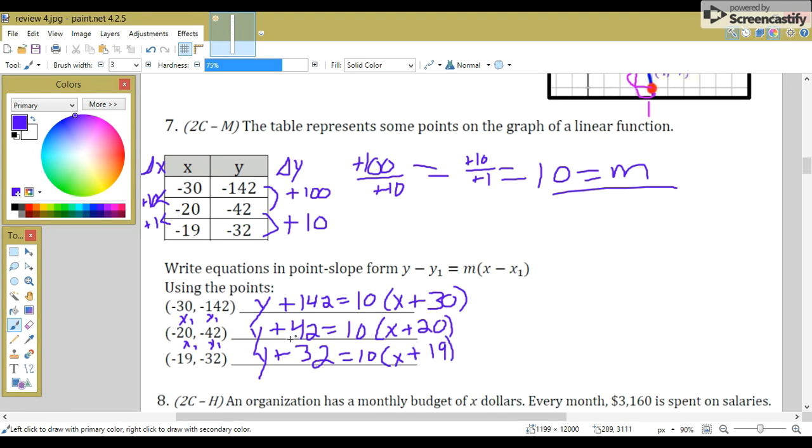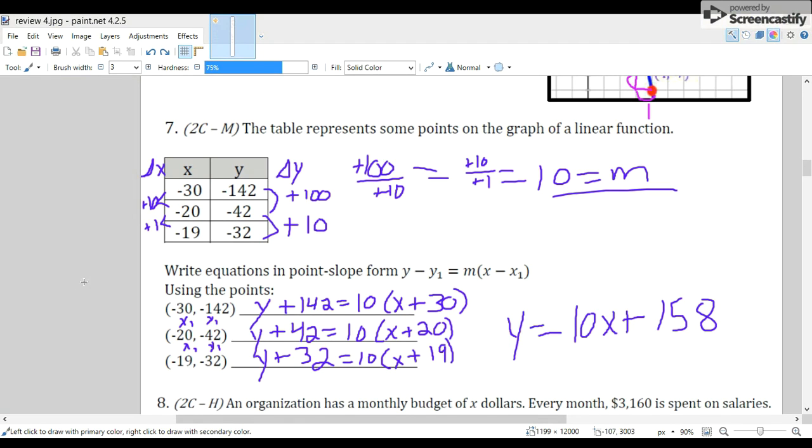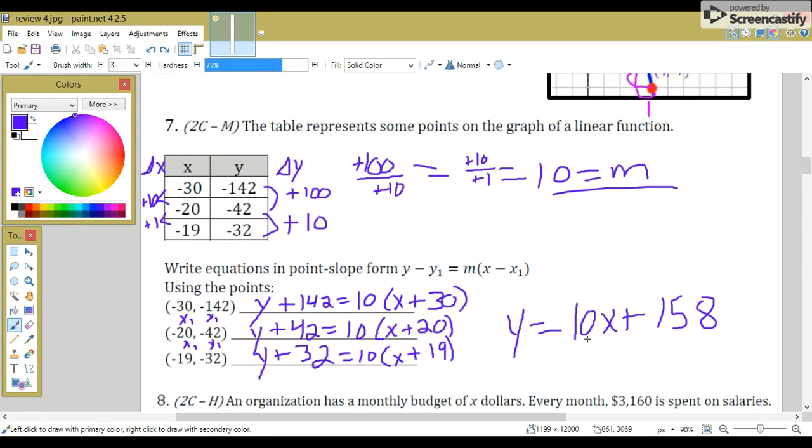If you were to solve for y for all three of these equations, you should get the same answer. And that slope-intercept equation would be y equals 10x plus 158. If you don't believe it, go ahead and try out all three of these.